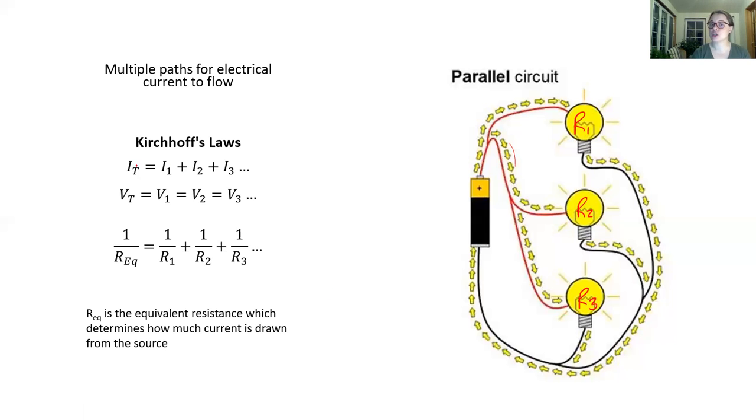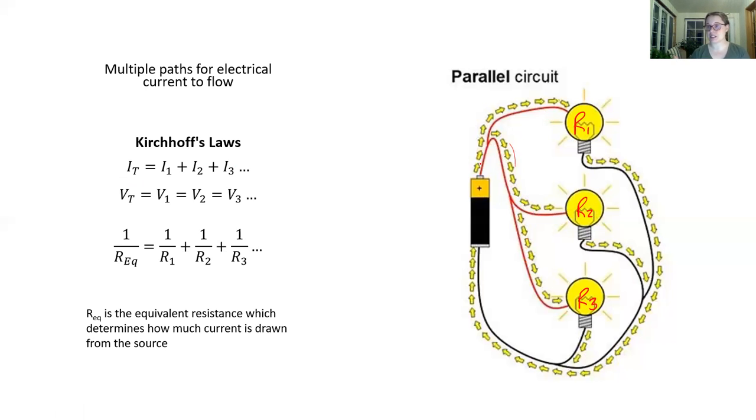So you will find that current leaving the battery is equal to the sum of the currents going through each branch. Electricity comes through here and it splits. The three currents, the current on this branch, on this branch, on this branch, if we add them together, has to be equal to the current leaving the battery.